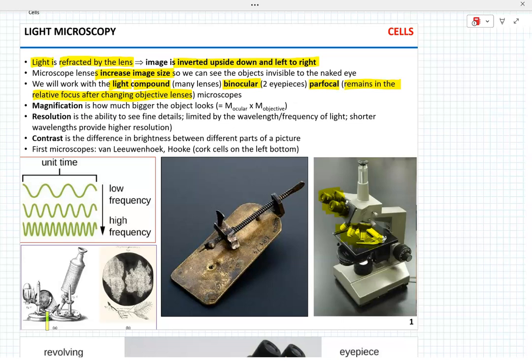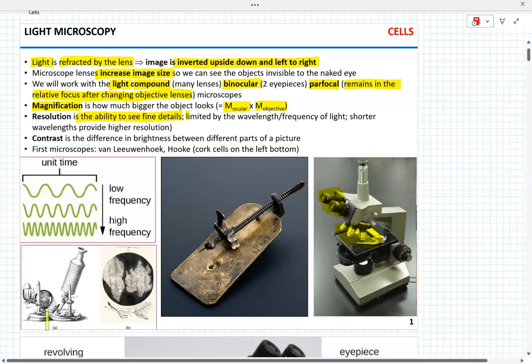Microscopes are characterized by three main features: the magnification, the resolution, and the contrast. Magnification reflects how much bigger the object looks and can be calculated by multiplying the magnification of the eyepieces by the magnification of the objective lenses. Resolution is the capacity of the microscope to distinguish fine details of the image.